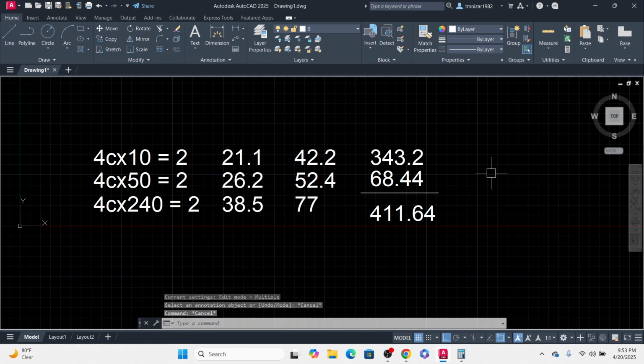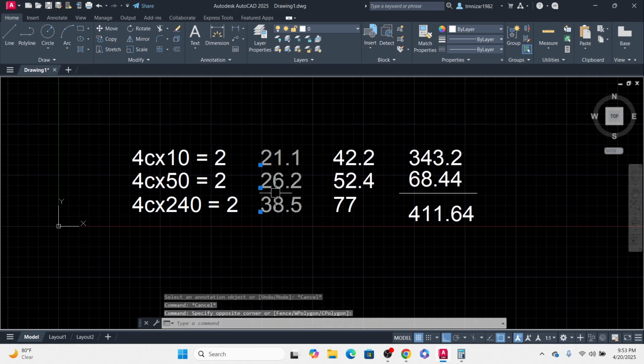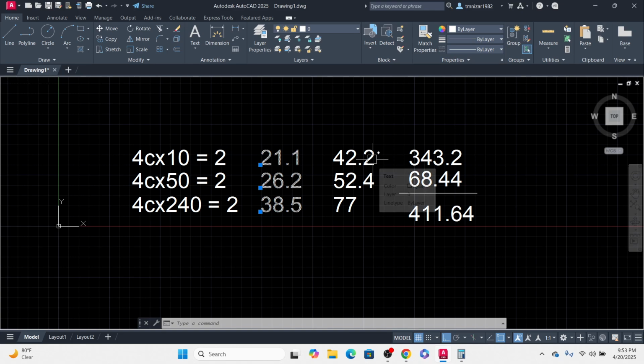This one is the overall diameter for each cable. I have 4 core by 10, 2 cables, so I multiply by 2, which is 42.2. I did the same for this one: one cable is 26.2, and I have 2, so I multiplied it by 2.